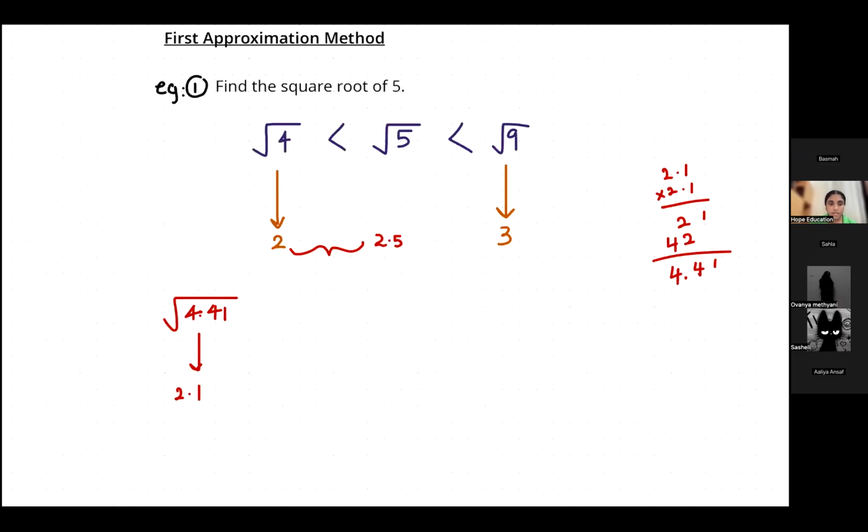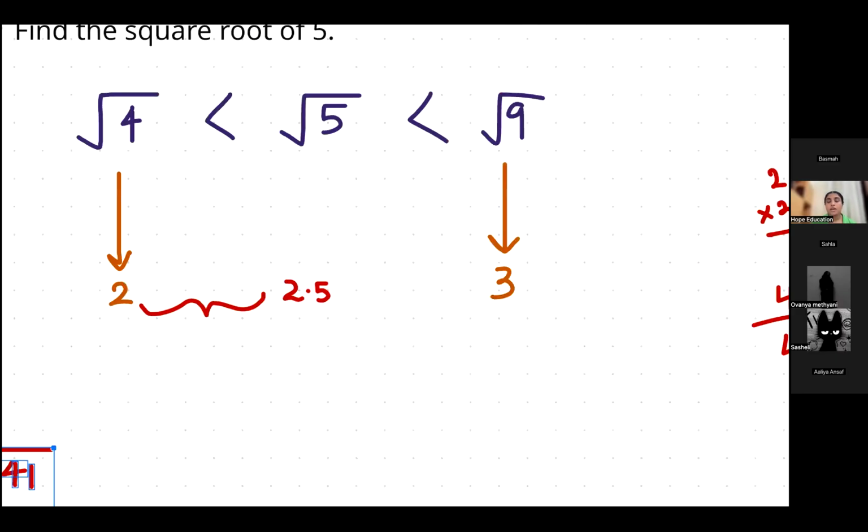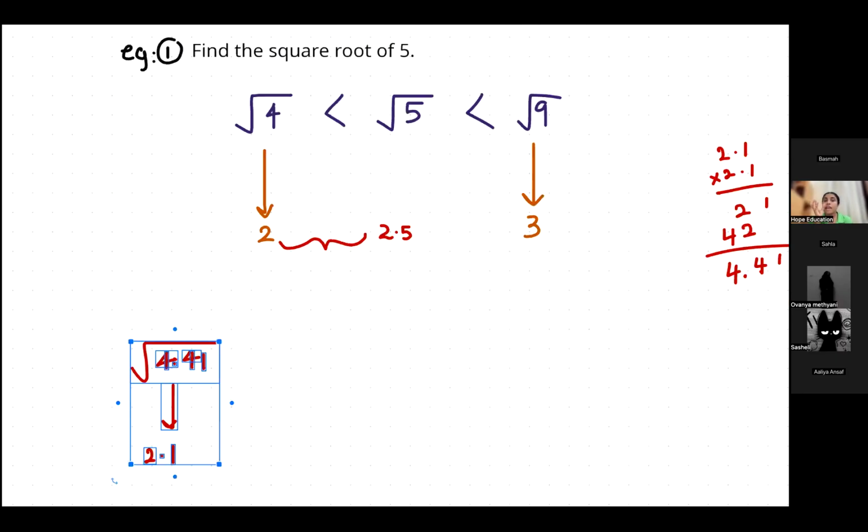Let me write this in steps, because this part is a bit confusing. First, we have to find the square root of 5. The perfect square immediately before 5 is 4, and the one immediately after 5 is 9.